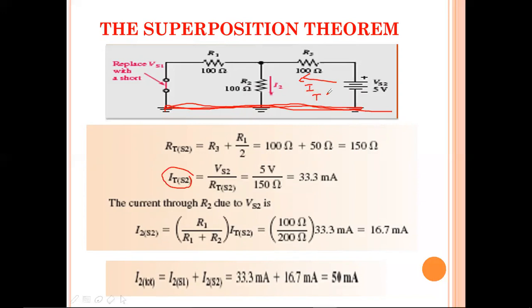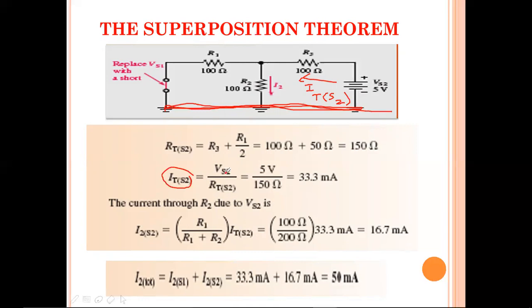So please write I2S2 over here. This is the total current supplied by source 2. So I2S2 is nothing but VS2 by R2S2, where R2S2 is the total equivalent resistance when S2 is active.